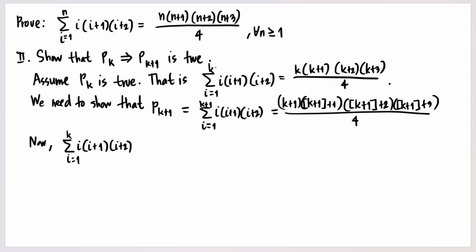If we assume that k is 1 and k plus 1 is 2, then all the values here would just be added by 1. That's i plus 1, i plus 1 plus 1, i plus 1 plus 2.